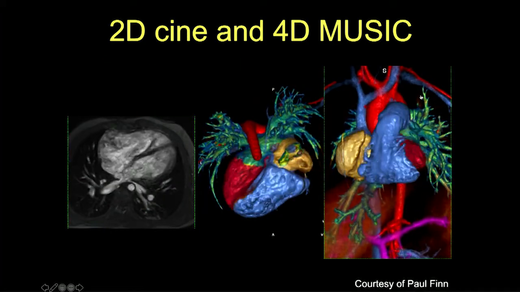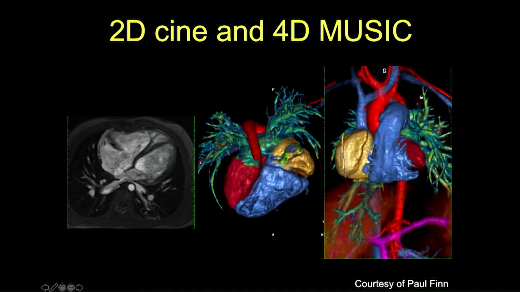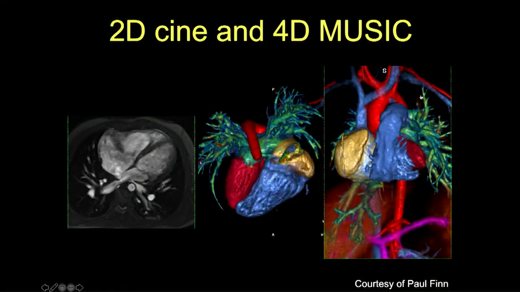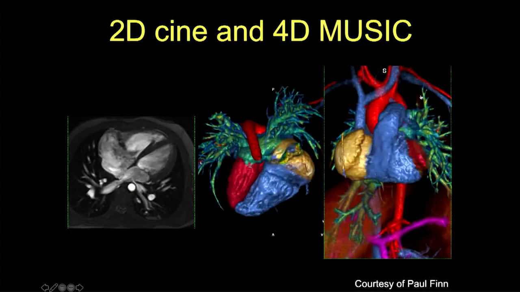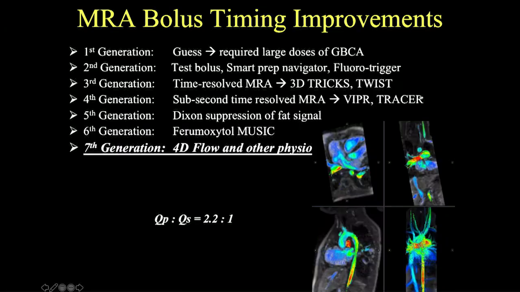Here again, extracting cine information from the 4D MUSIC data. And this also enhances the data from phase contrast MRA for flow mapping, 3D flow mapping or 4D flow acquisitions as well.